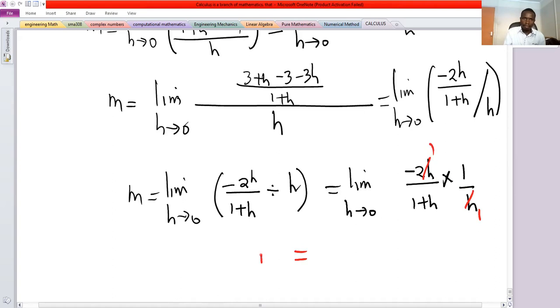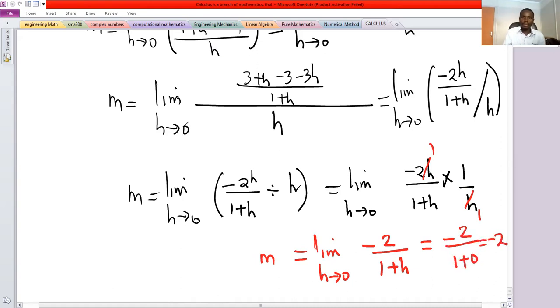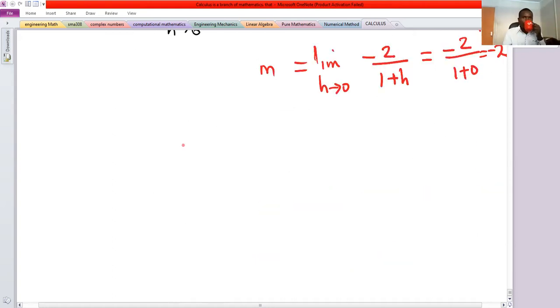So that we'll have m is the limit as h approaches 0 of negative 2 over 1 plus h. We have direct substitution: minus 2 over 1 plus 0, which is just minus 2. So the gradient is minus 2.